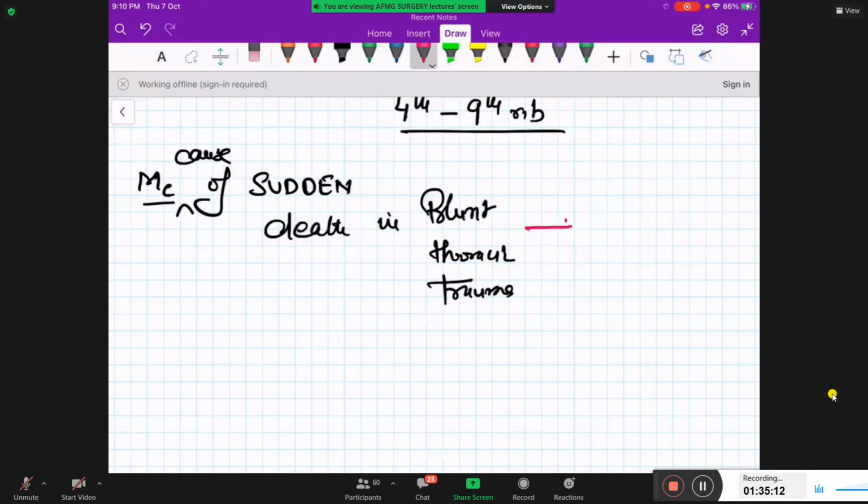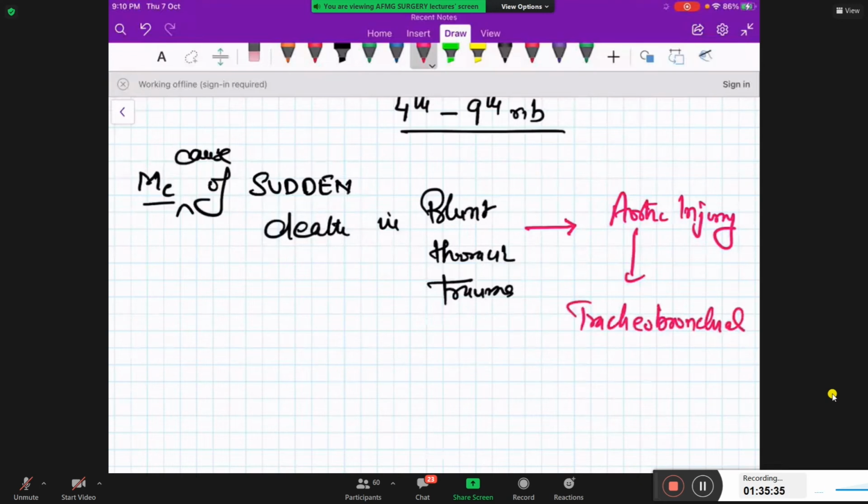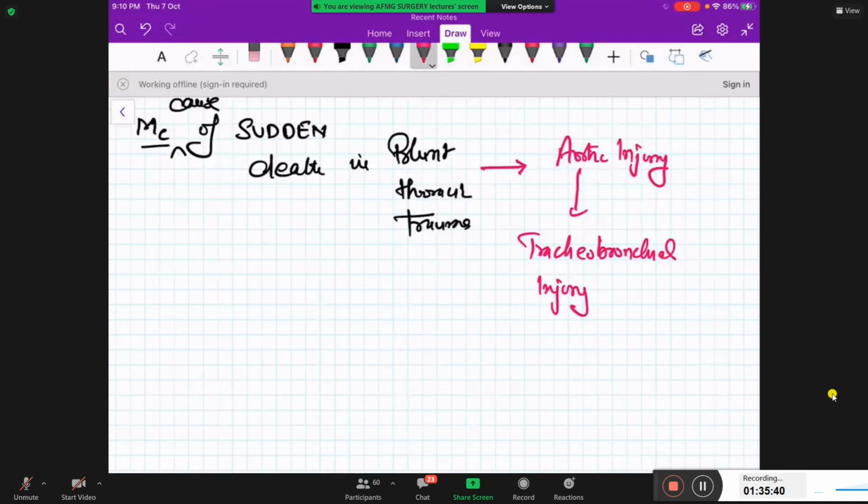This word sudden is important. Most common cause of sudden death in blunt thoracic trauma, a very commonly asked question, is aortic injury, followed by tracheobronchial injury.